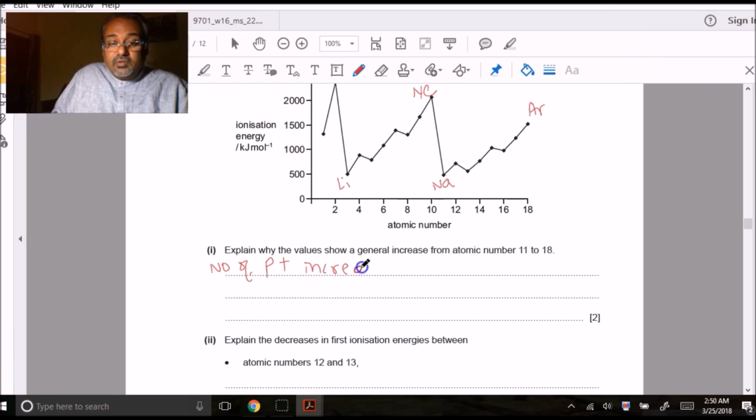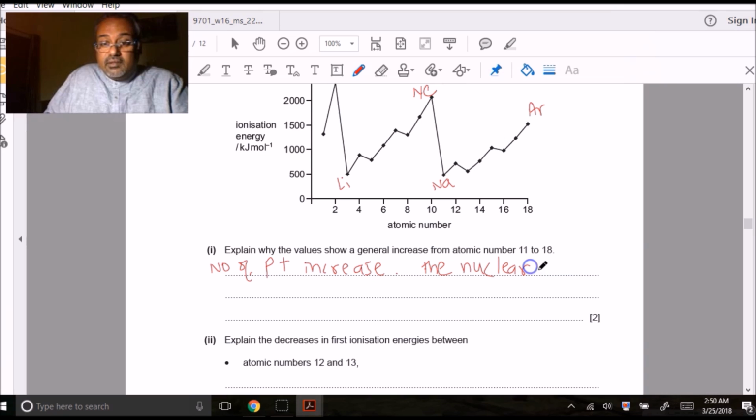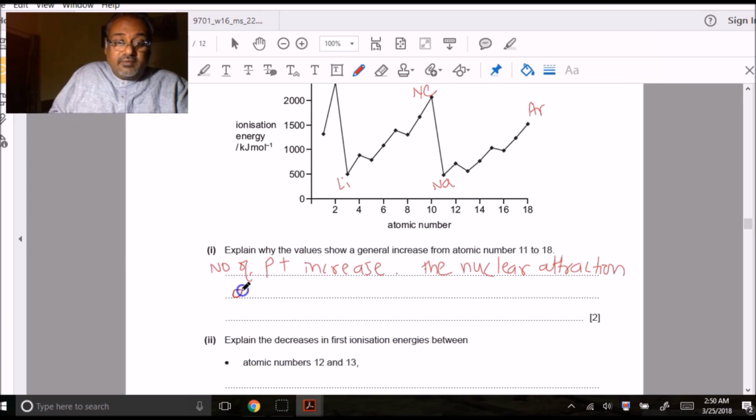If the number of protons increases, don't forget that's going to increase the nuclear attraction, and that's why the electrons are bound more strongly to the nucleus, and you'll find it difficult to remove the electrons. So if the number of protons increases, the nuclear charge, the nuclear attraction, also increases. So that's a very simple way to understand this question.